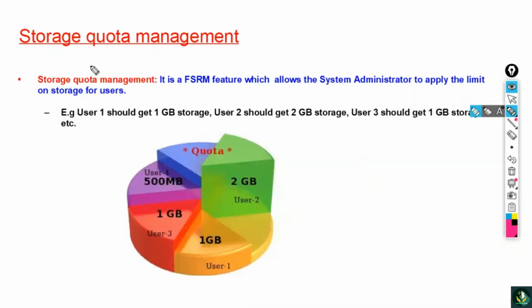So we'll see the storage quota management. It is an FSRM feature which allows the system administrator to apply a limit on storage for users. For example, user 1 should get 1 GB storage, user 2 should get 2 GB storage, and user 3 should get 1 GB storage, and so on.